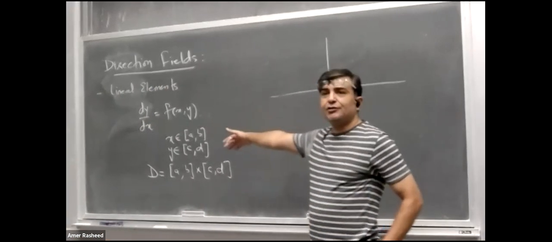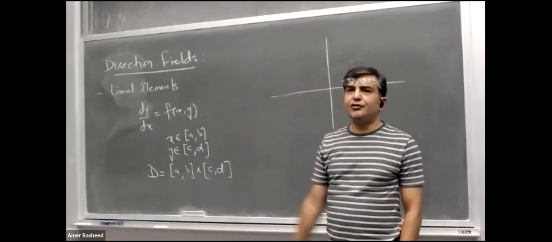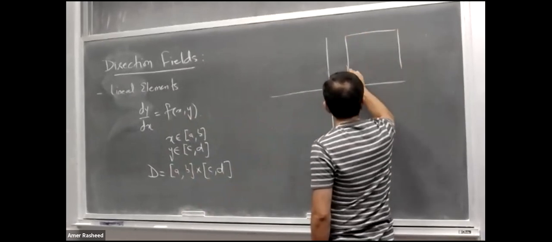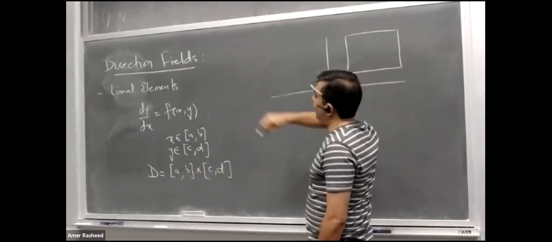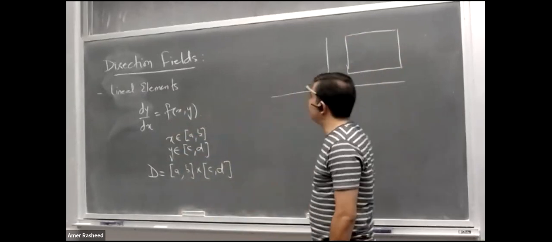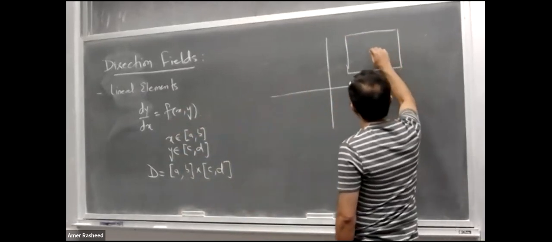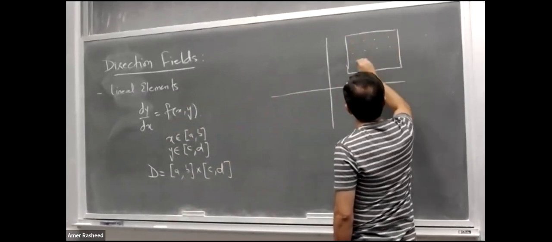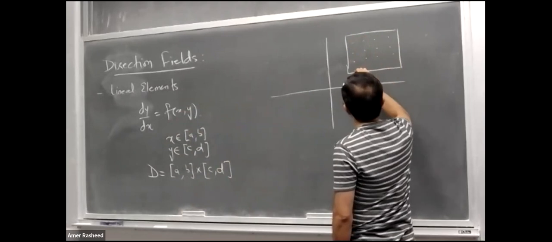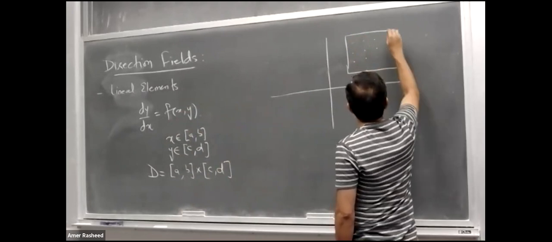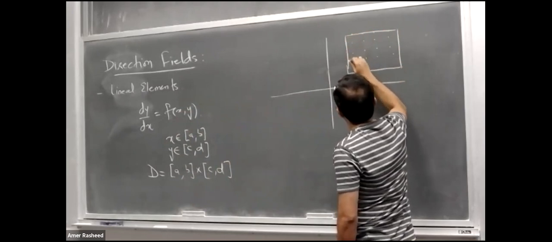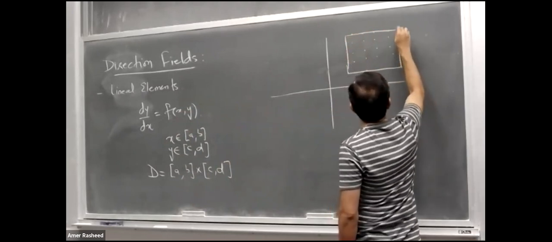So we divide this domain into a rectangular uniform grid. If this is your domain where the variables x and y have all possible values, we define a rectangular grid. It means we divide this domain into equal points, like this.